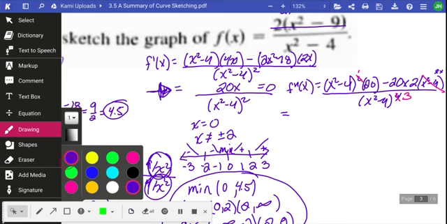Now, we rewrite that a little bit. And if you are super algebra gung-ho, you can distribute as you go, which is what I'm going to attempt to do. So I'm going to do 20x squared minus 80, minus, so we have a 2, 80. Is it 80x squared?